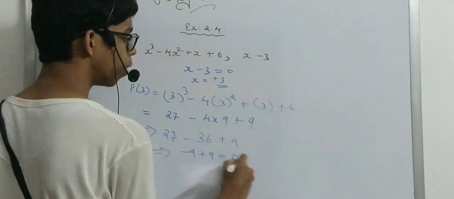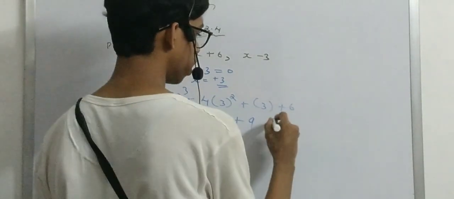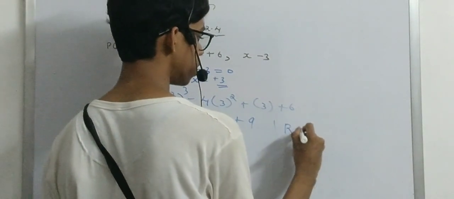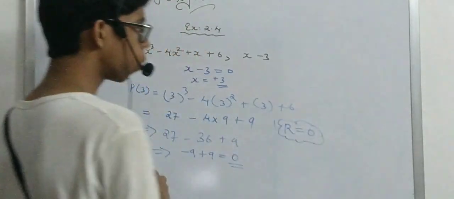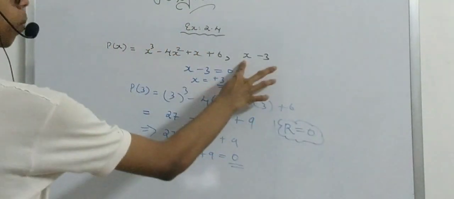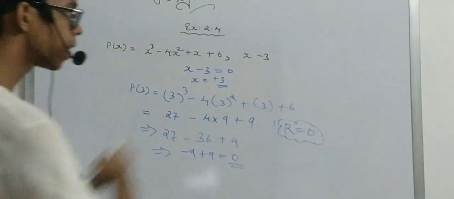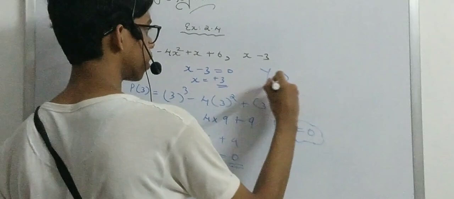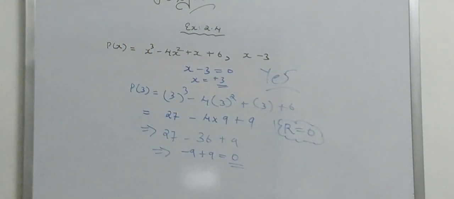So here we will be getting the value of p of 3 is equal to 0. What does this mean? It means that our remainder is equal to 0. So if our remainder is equal to 0, we can say that x minus 3 is a factor of this polynomial p of x according to the factor theorem. I hope it is clear.